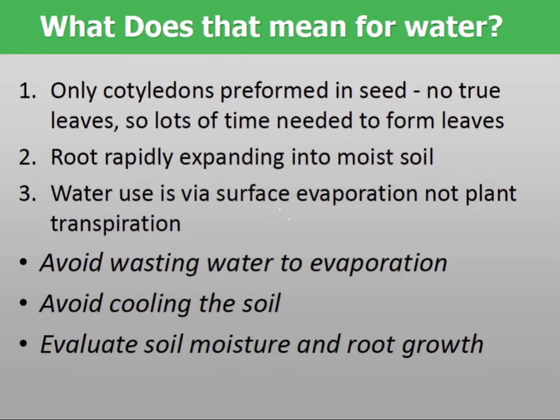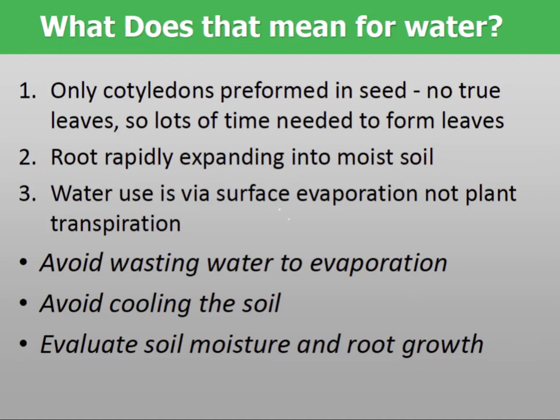So what does that mean for water? Well, it's not really a critical time to be putting water on. Generally speaking, if you have enough water to get your seedlings established and to get them to emerge out of the ground, you have enough water to carry you over through the first probably 4 or 5 nodes worth of plant growth here.